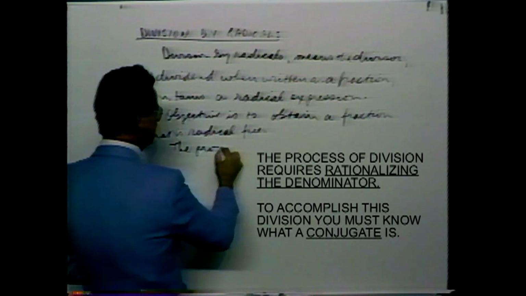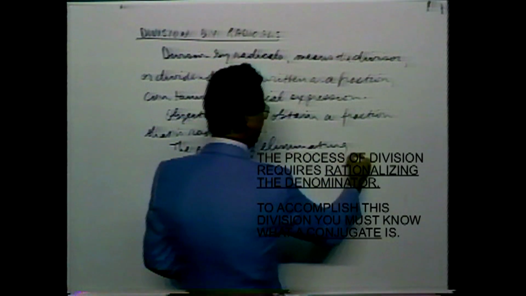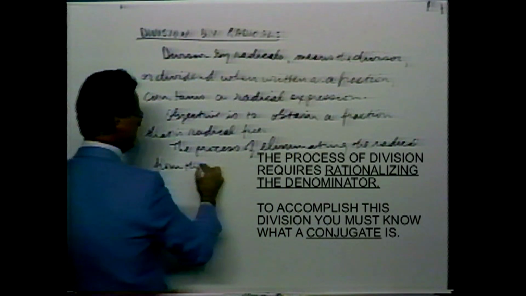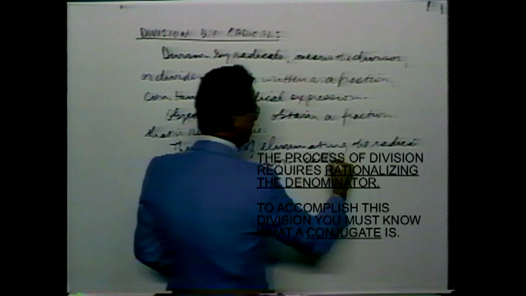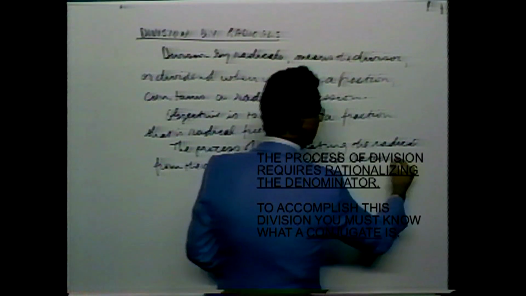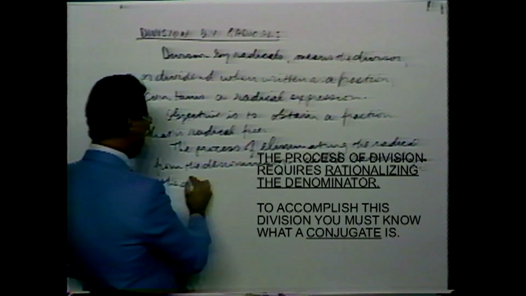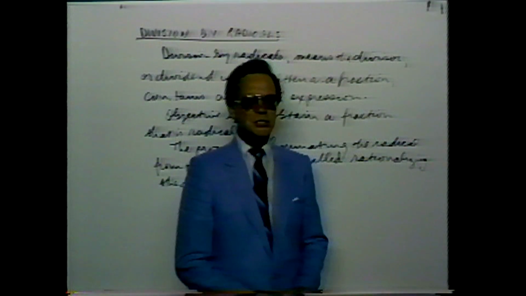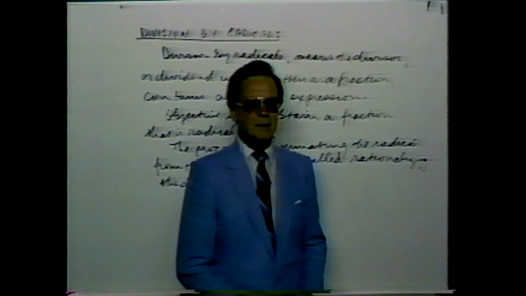The process of eliminating the radical from the denominator is called rationalizing the denominator. Once you have established the radical-free denominator, you have completed the operation of division, as I have said.